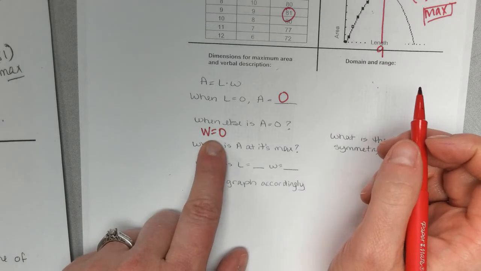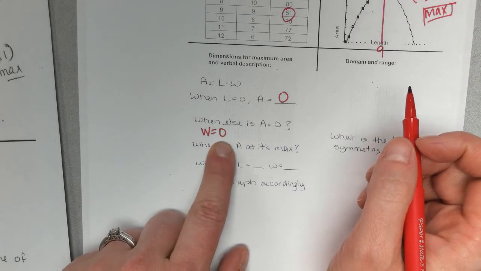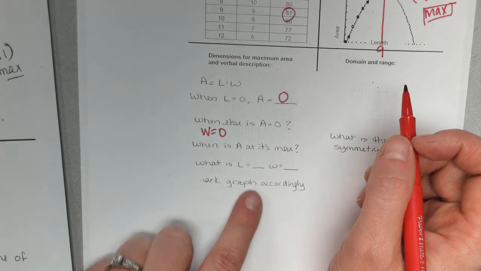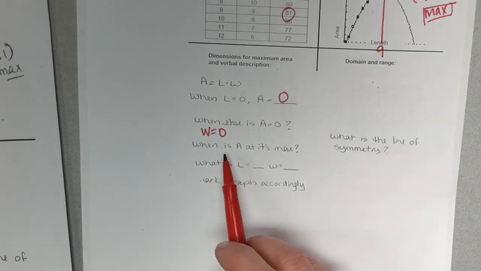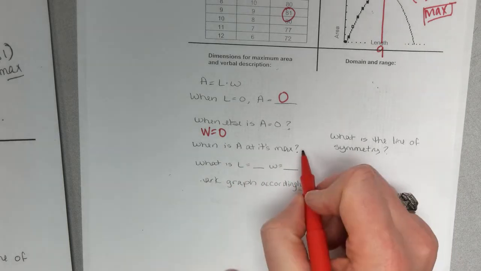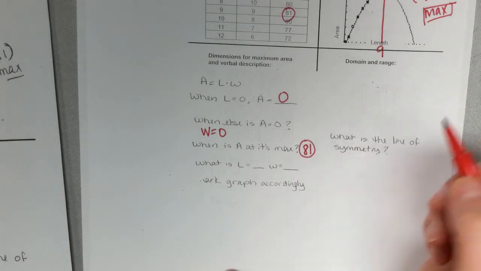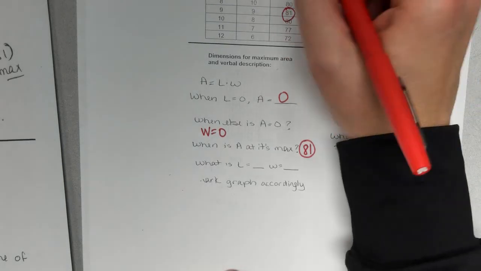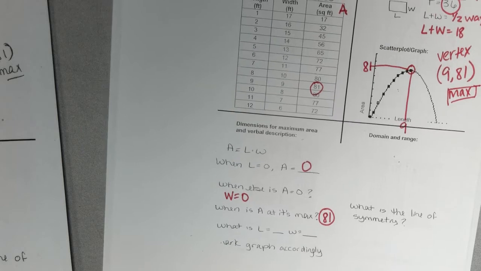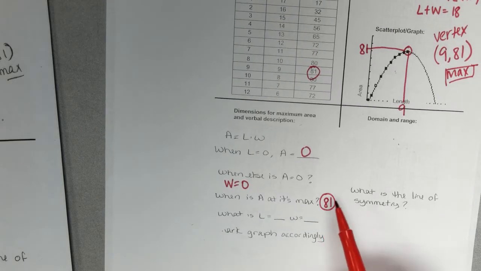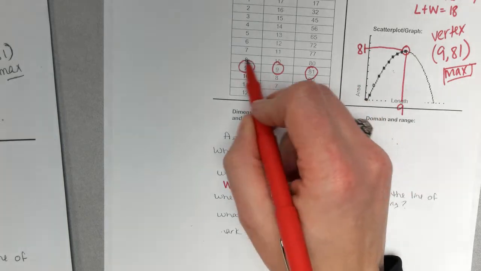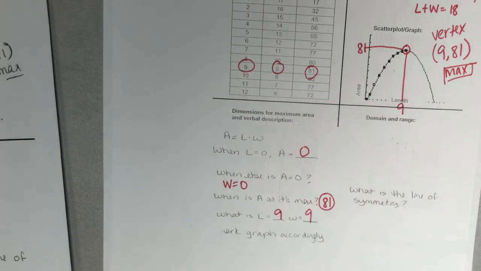When your W is 0, your area is also going to be 0. Okay? So, when is A at its max? A is at its max at 81. This is your A right here, right? So 81 is when it's the highest. So what is the L and the W at 81? 9 and 9. Okay?